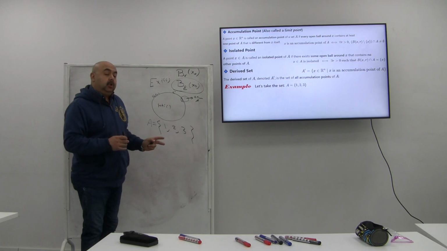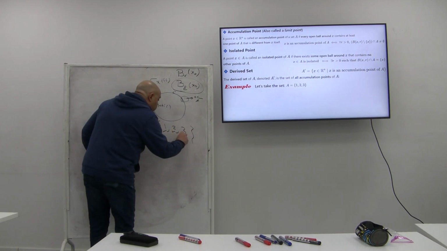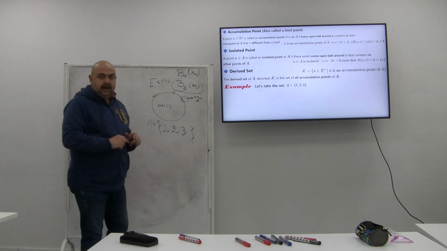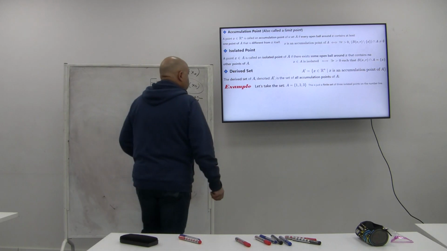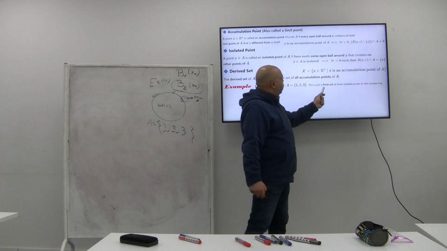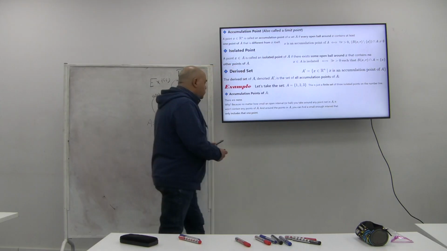So what are the isolated points in this set? They are 1, 2, and 3, because 1 is completely inside the set, and 2 and 3 are inside the set. Once more, this is just a finite set of three isolated points on the number line.